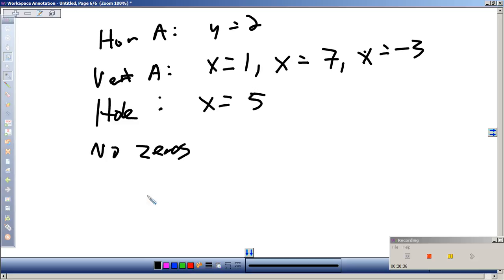So how would you do this? Let's start with f of x. I would suggest doing this one last because it's the easiest one to adjust around, since all we have to do is plus or minus k, something like that. So how do you get a vertical asymptote at x equals 1?